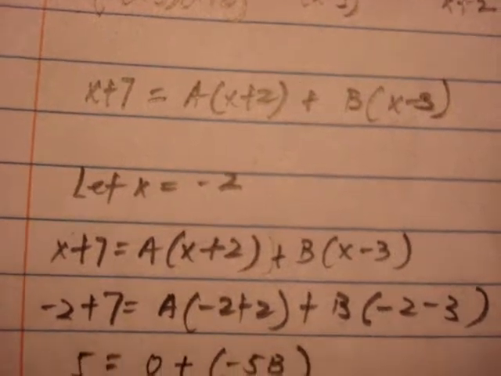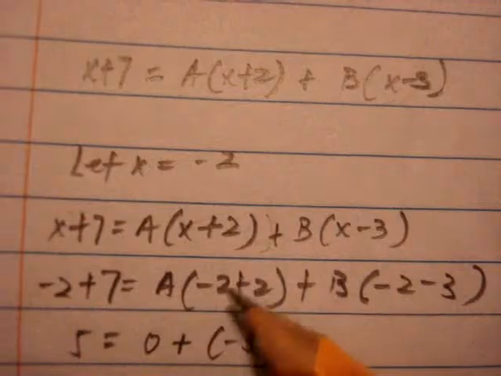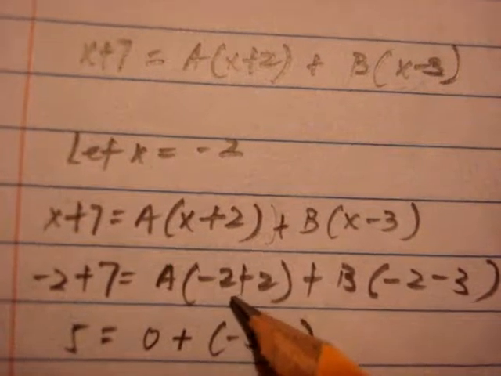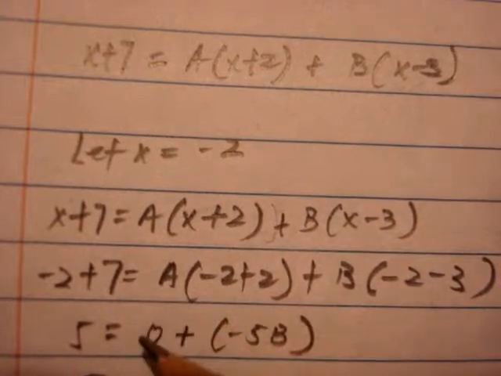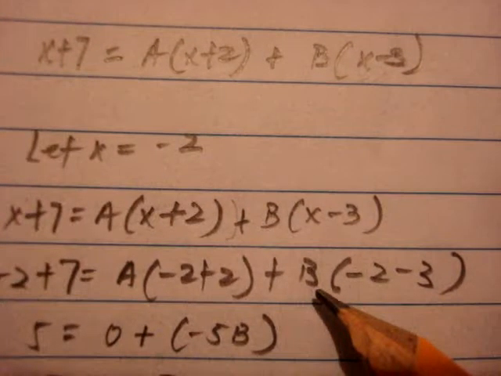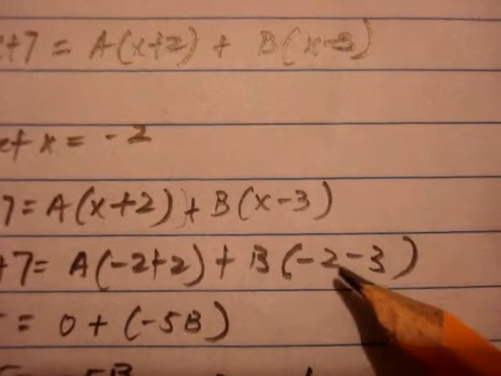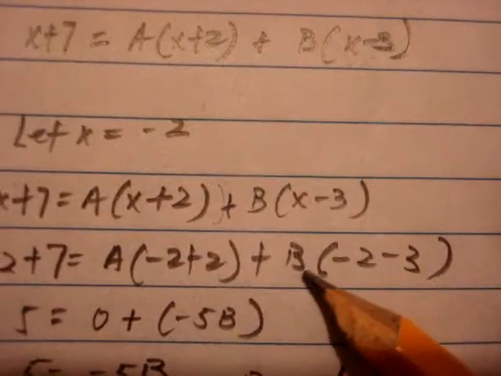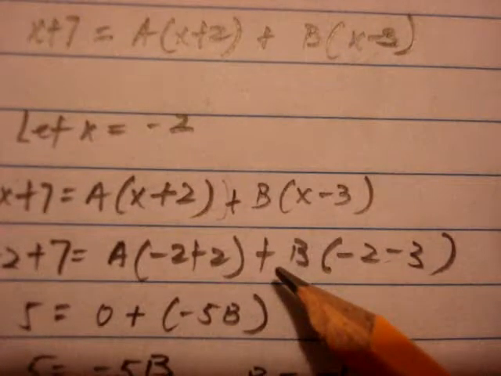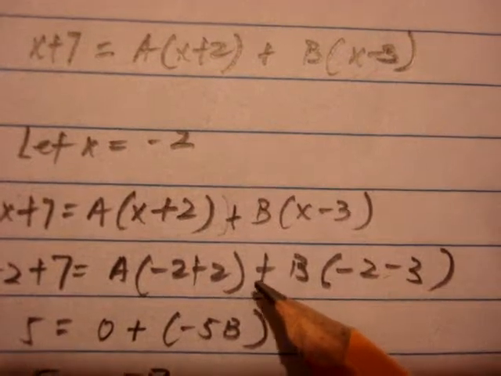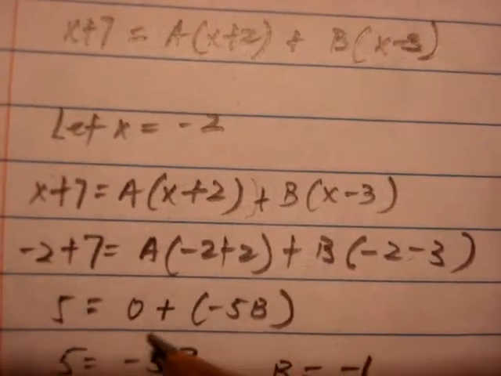Negative 2 plus 7 equals 5, equals negative 2 plus 2, which is 0, right? 0 times A will be 0. As for this one, negative 2 minus 3 is negative 5, so negative 5 times B becomes negative 5B. The plus right here stays the same.